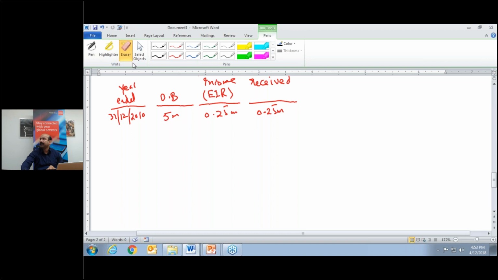So the closing balance will become again 5 million.